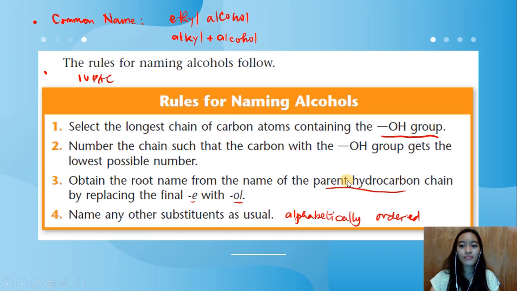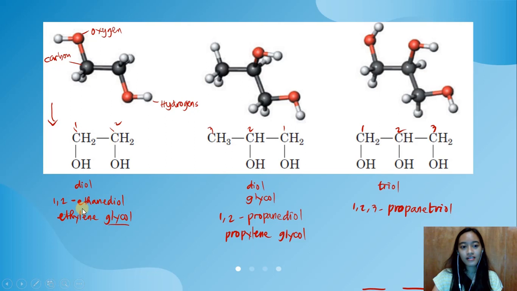Obtain the root name from the parent hydrocarbon of this chain and replace the final E with ol. Name other substituents as usual, ordering them alphabetically. For polyols, you retain the parent name with an E, but add diol or triol, and also include the numbers where they are connected.